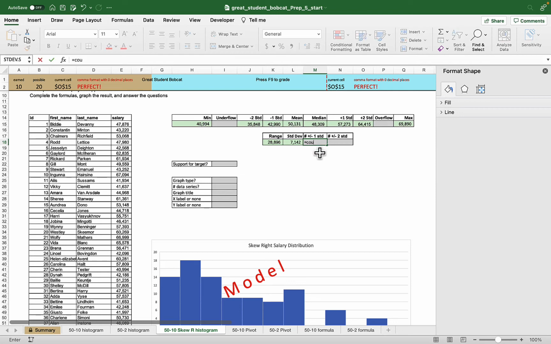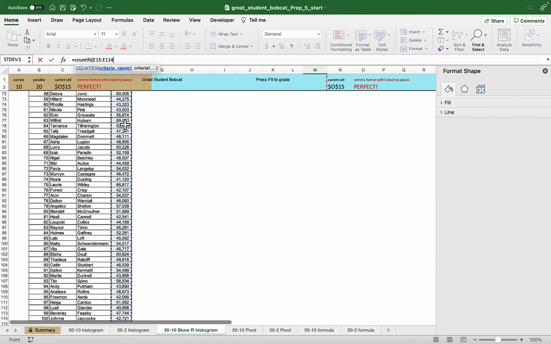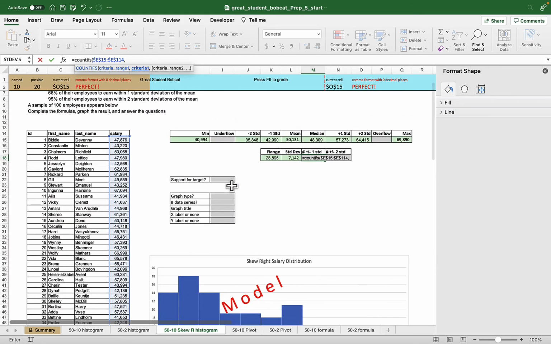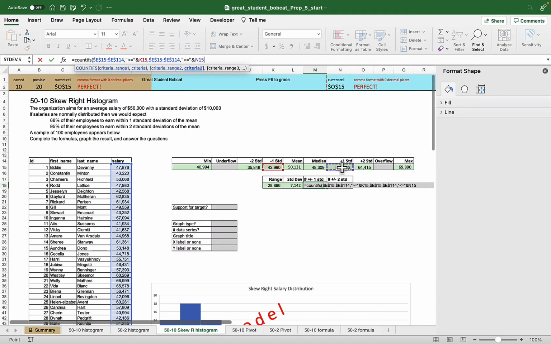So equals COUNTIFS, and the criteria is going to be the funky greater than or equal to, and then the ampersand, the lower bound, and then the same range, less than or equal to the upper bound, one standard deviation.